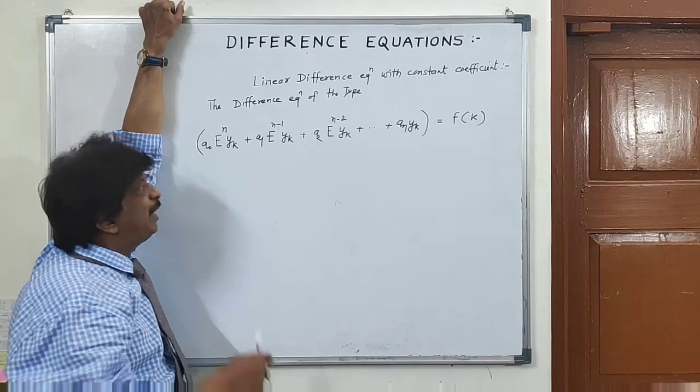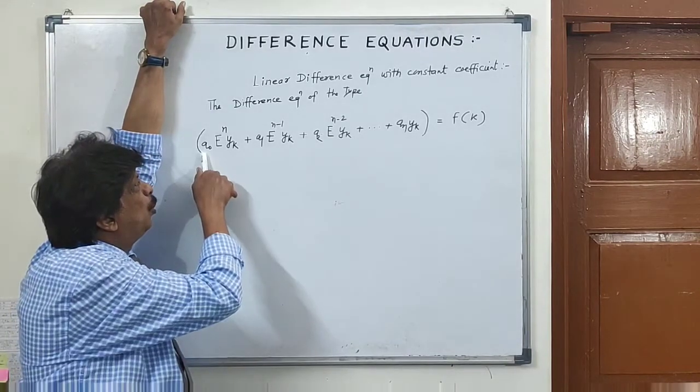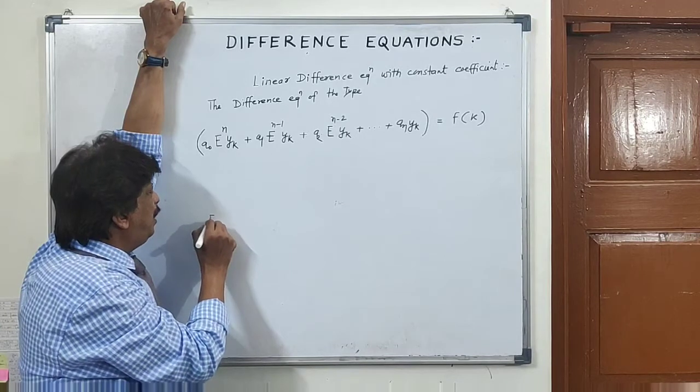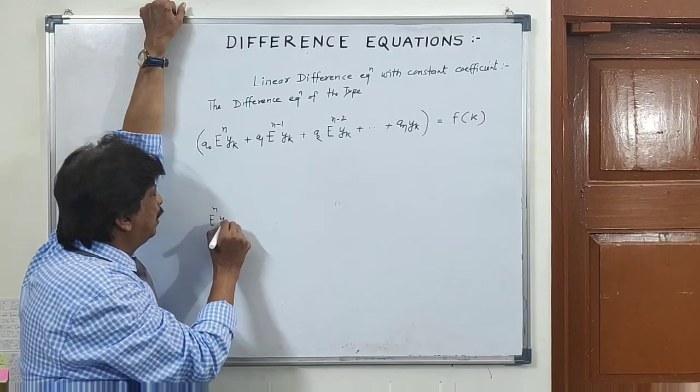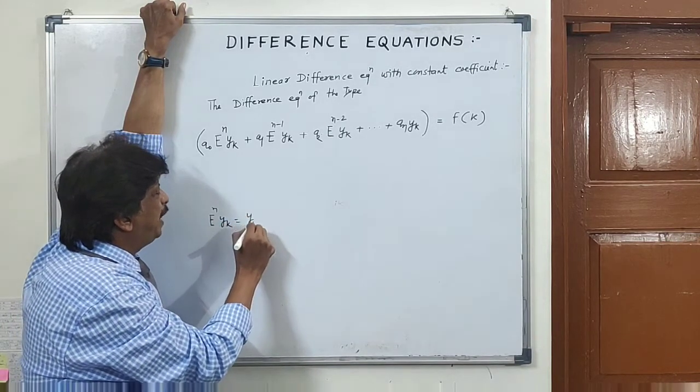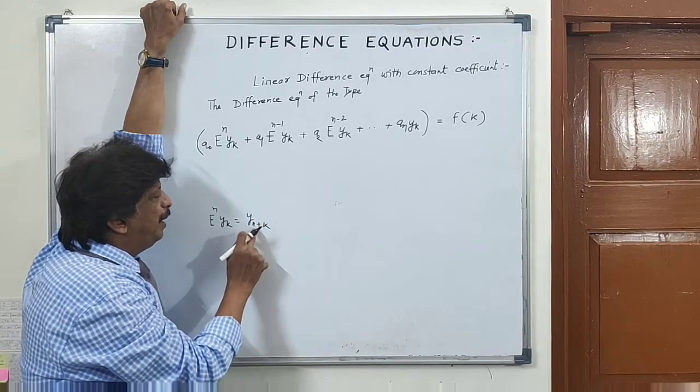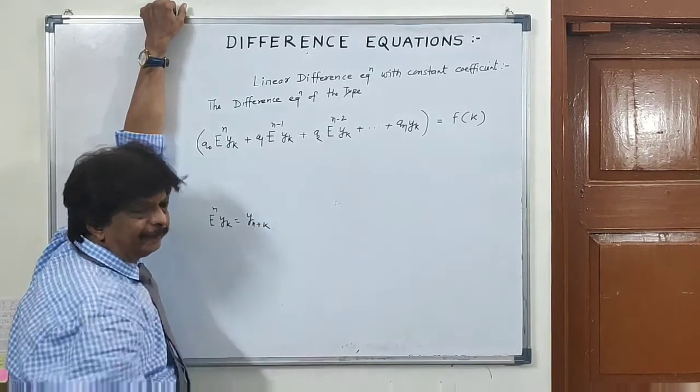A0 E raised to power n of yk means what? It is y of n plus k, the n plus kth value of y.